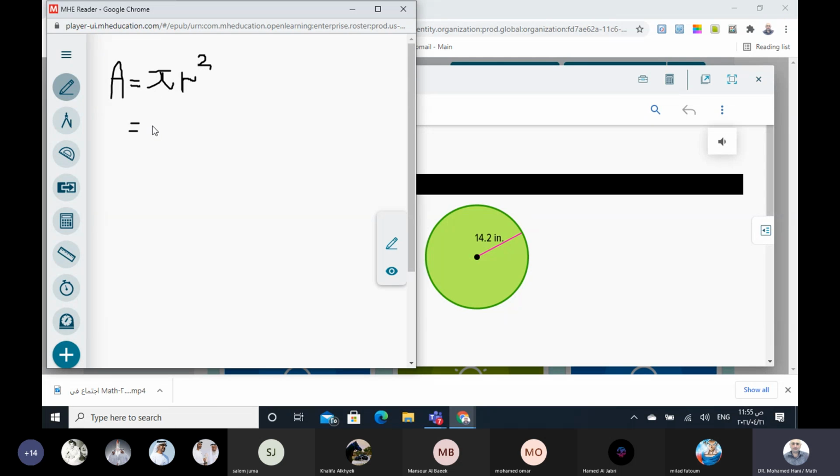Now the value of pi will be 3.14, and the value of r will be 14.2, squared. Now here you have 3.14 times 14.2 squared, which means 14.2 times 14.2.